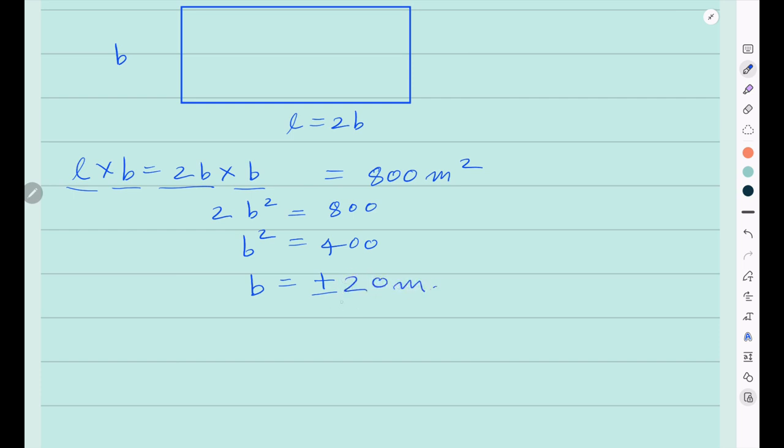The length cannot be negative, so let us take breadth as 20 meter. In that case, length will be 2 times B, that is 2 into 20, which means 40 meter. So yes, it is possible to design a rectangular mango grove whose length is twice its breadth. Its length will be 40 meter and its breadth will be 20 meter.